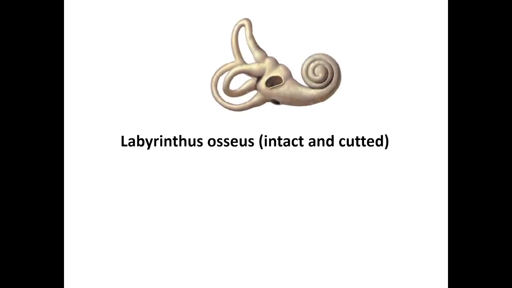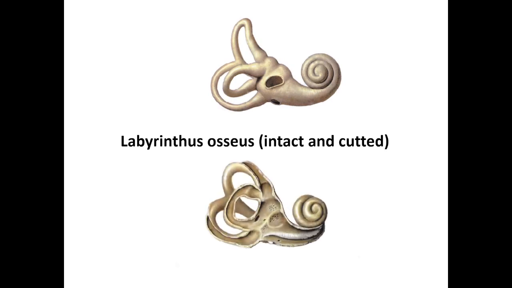And now let us try to imagine Labyrinthus osseus in an intact situation, like here in the upper portion of this picture, and cut it. So we have cut it, and it looks like here in the bottom picture.